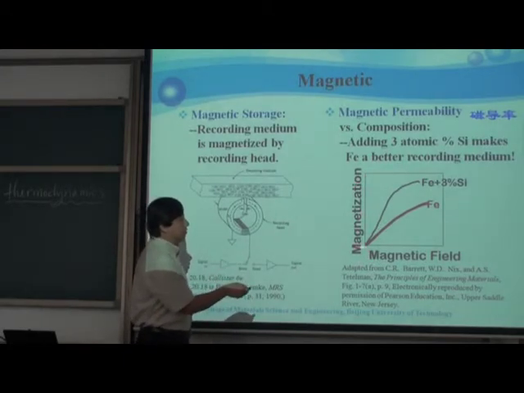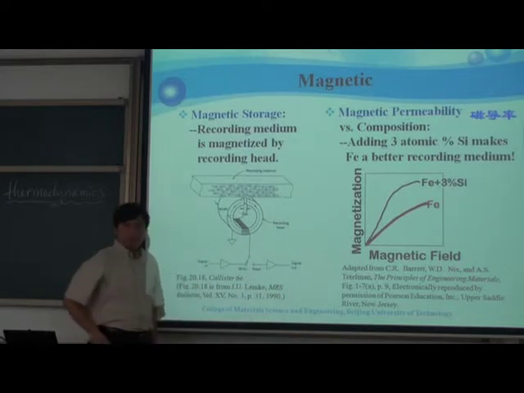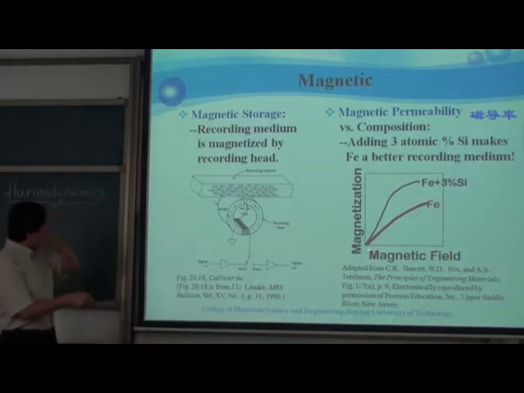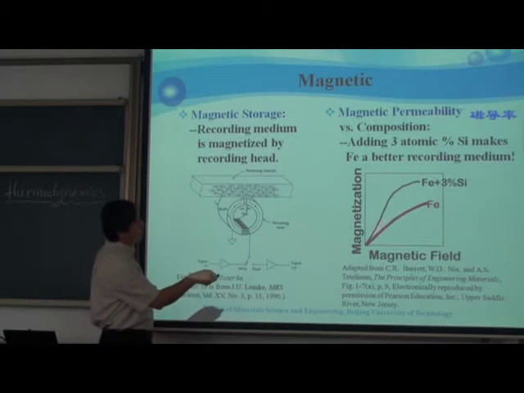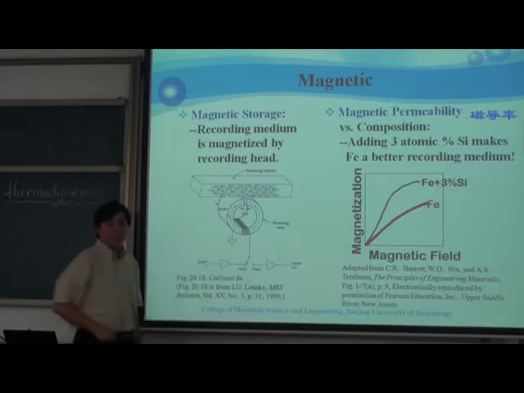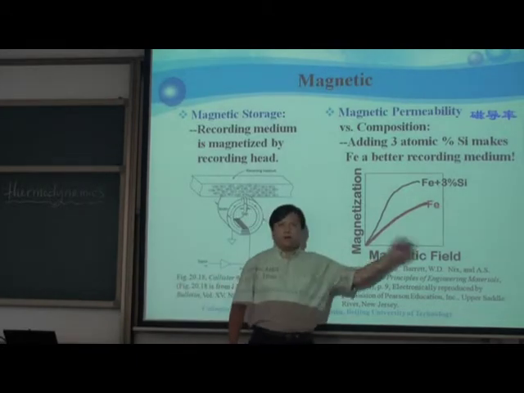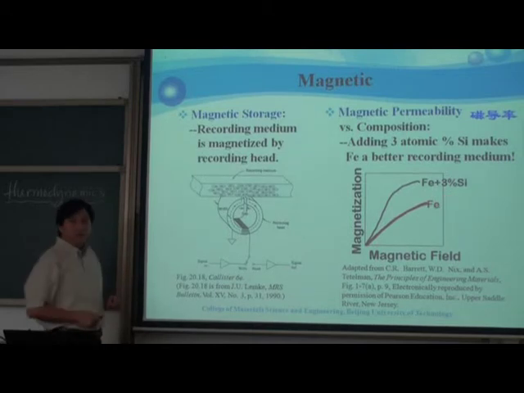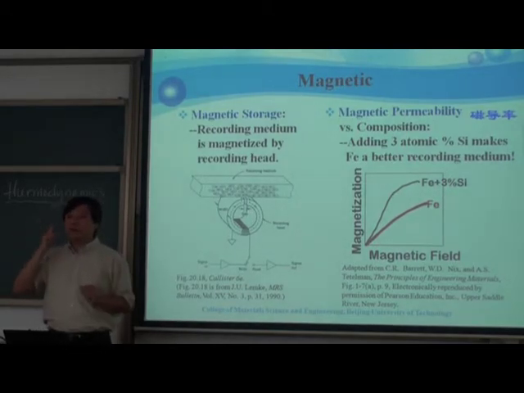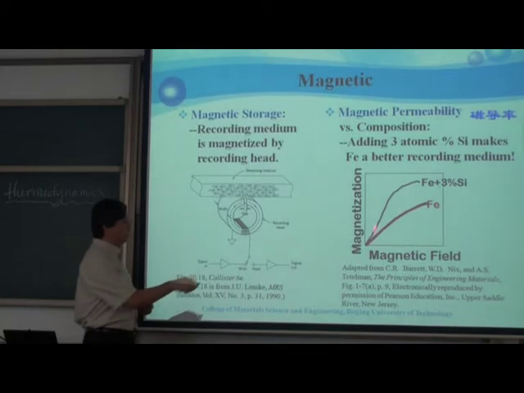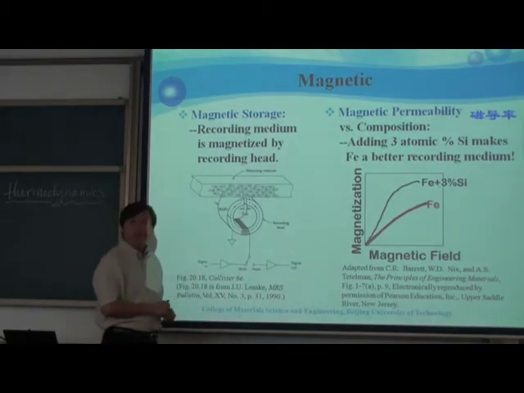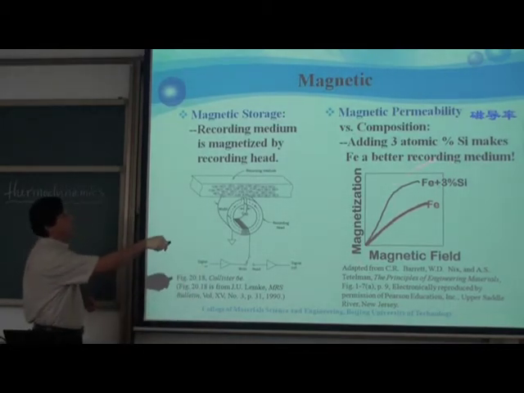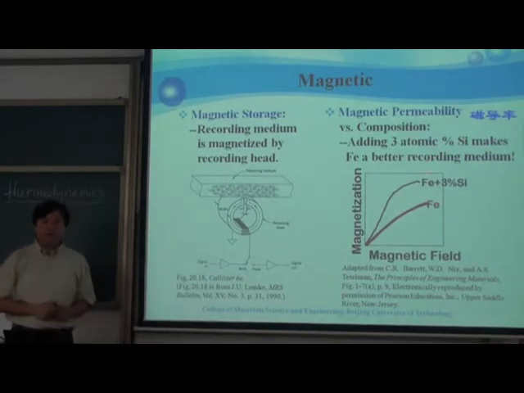magnetization as a function of magnetic field. So if you compare iron and iron with 3% silicon, okay, so if you have a higher and higher magnetic field, then your magnetization is going to increase. So what's going to happen if you add 3% silicon into iron? It increases your magnetization very well to a large extent.